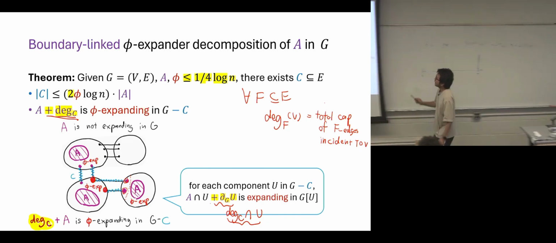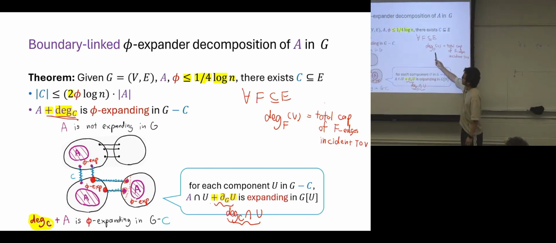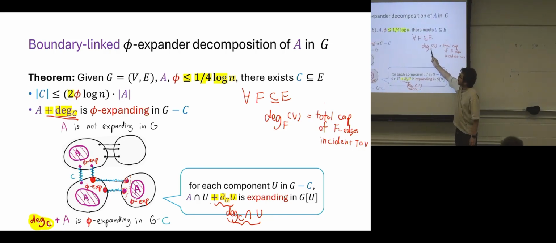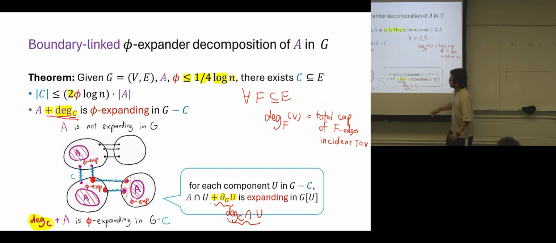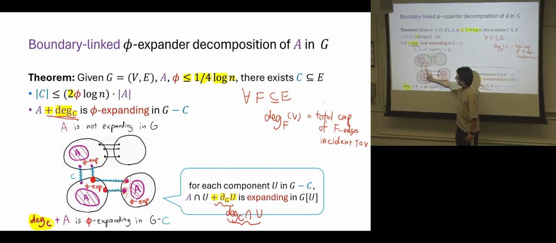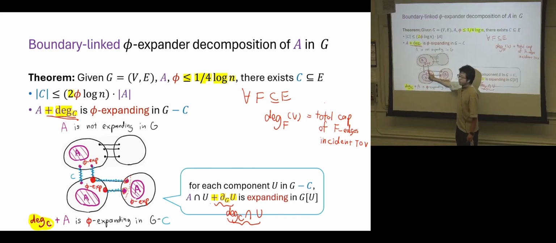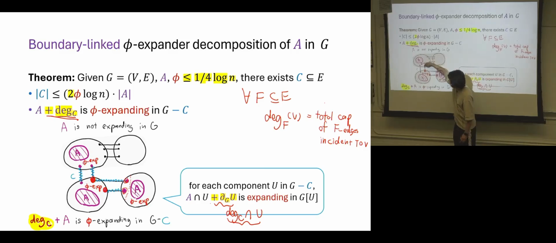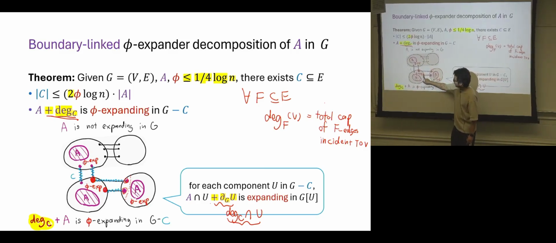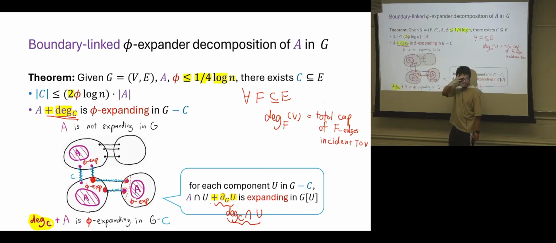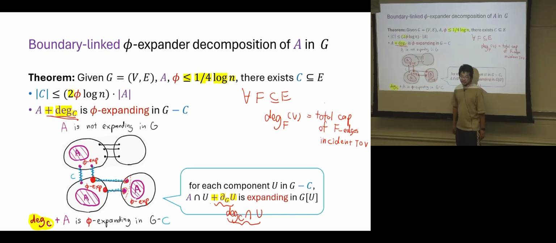In a unit capacity graph, just count the number of edges from F incident to v. So if this vertex has this edge and this edge, it has node weighting 2. This one has node weighting 1. Makes sense.